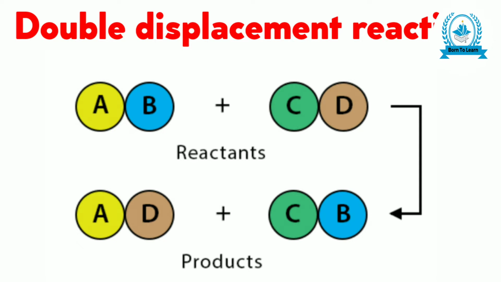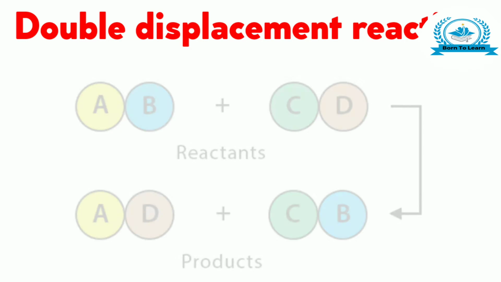A double displacement reaction usually occurs in solution and one of the products, being insoluble, precipitates out, separates as a solid. Now we will see one example of a double displacement reaction.